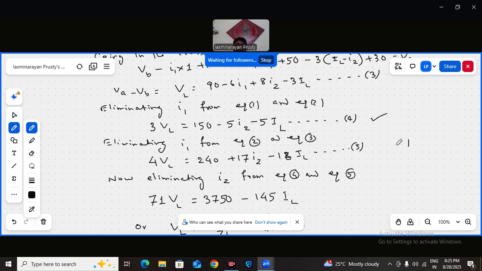18IL, okay. This is equation 5. Now I2, this also I don't require, I1 and I2 also I don't require, so what should I do?